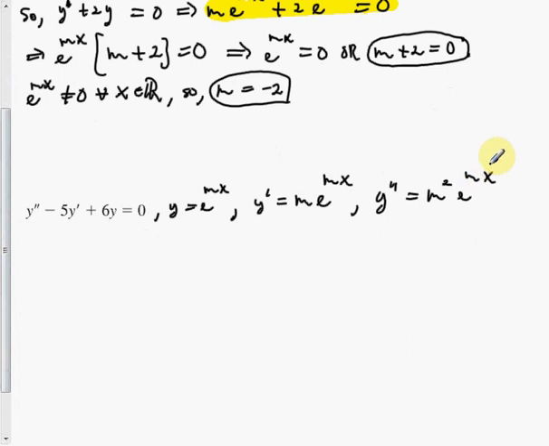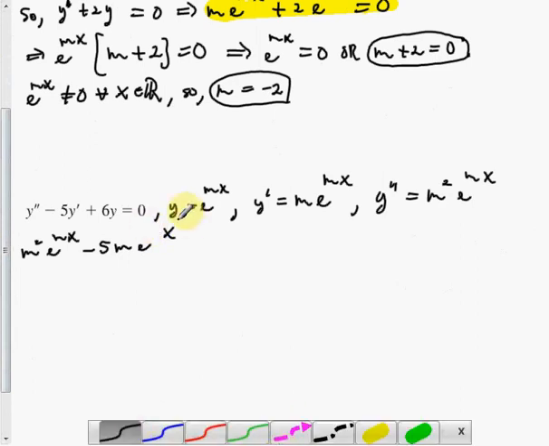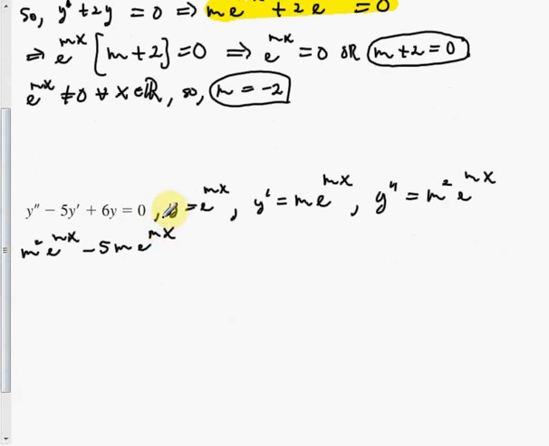So we just substitute those values into the equation. y double prime is m squared times e to the mx, minus 5 times y prime, which is m times e to the mx, plus 6 times y, that's 6 times e to the mx, is equal to 0.